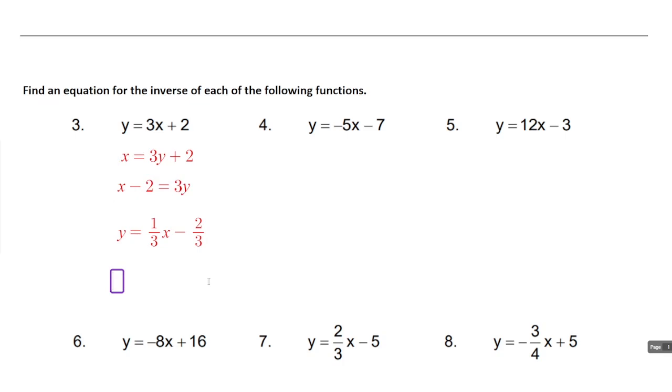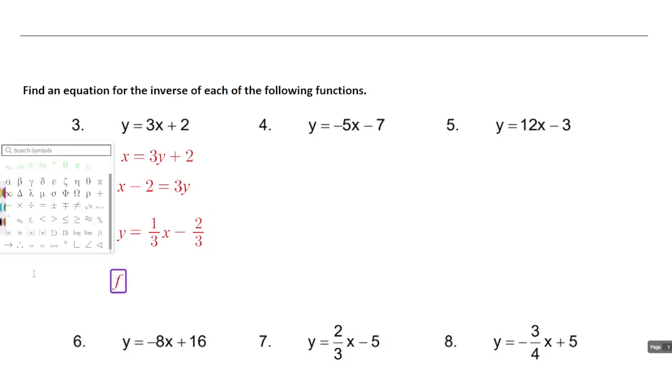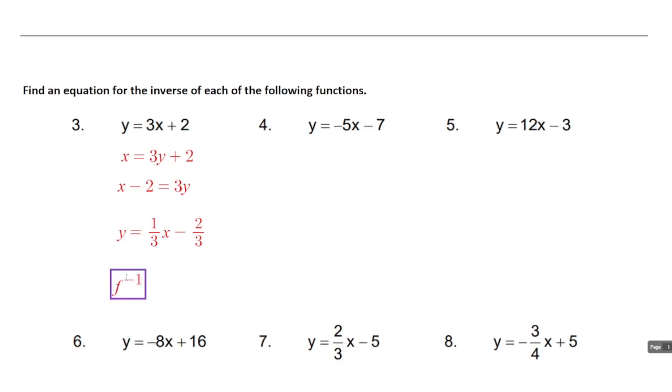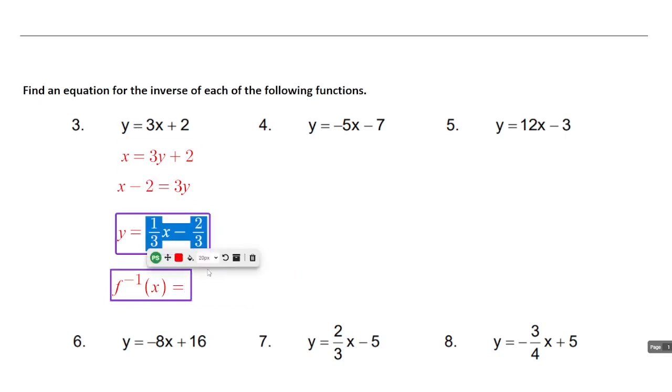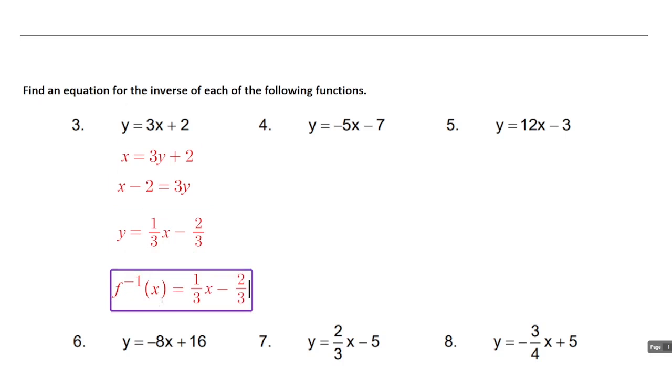And just to use this new notation, I'm going to write this as f inverse. So we'll have this little -1, which indicates that we're talking about the inverse of the original function: f inverse of x equals 1/3 x minus 2/3. Now these functions weren't actually called f.